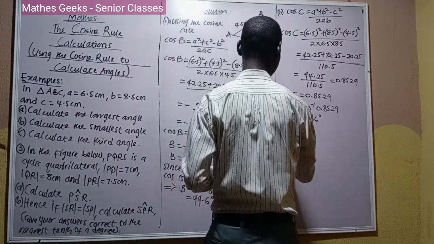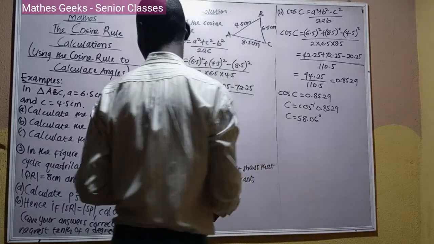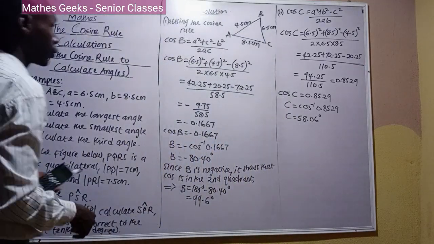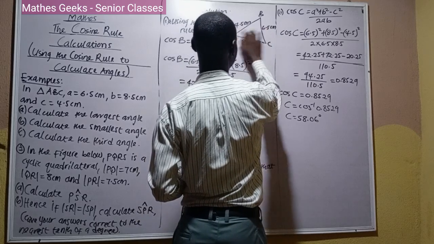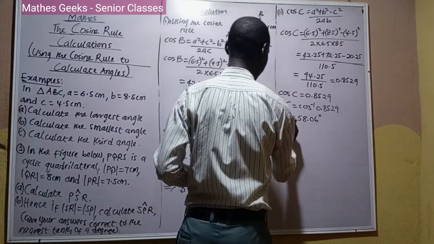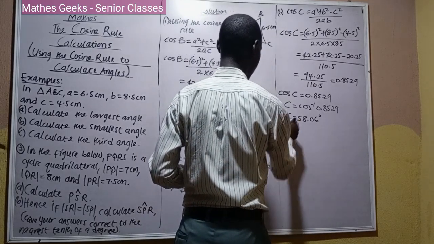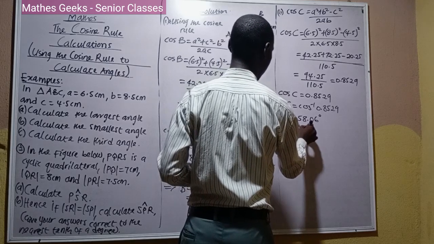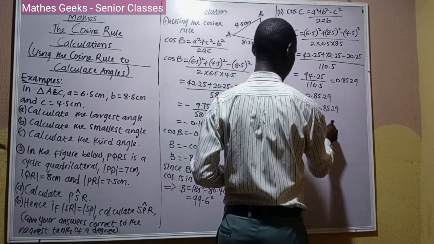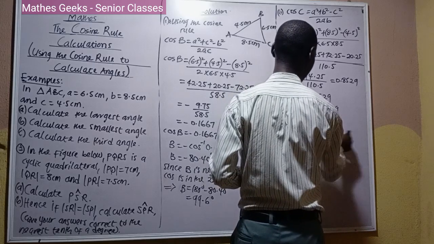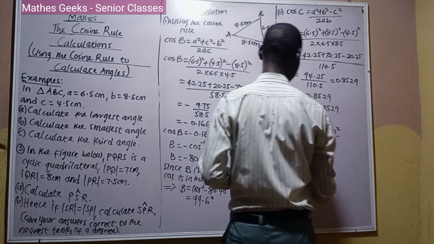No, okay, that's for C. So let's calculate the third angle. The third angle is this angle here. It's facing this side. So cos A is equal to B squared plus C squared minus A squared over 2BC.